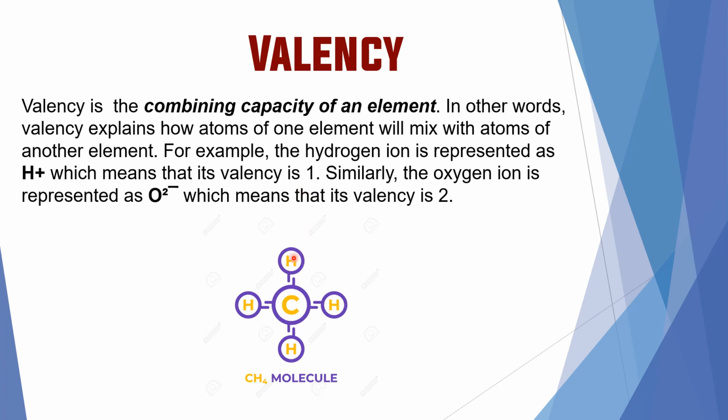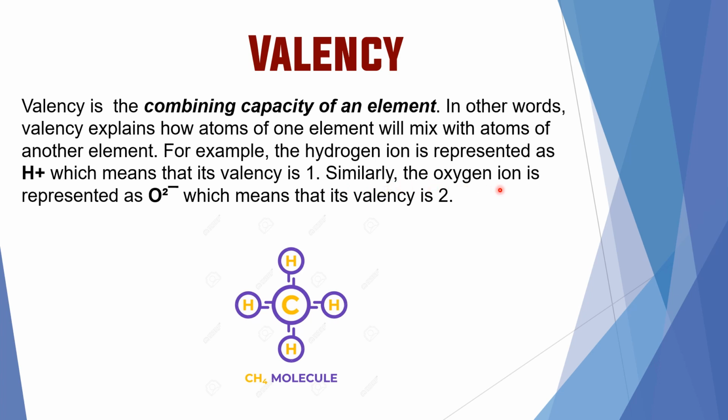Here you can also see this is a hydrogen atom, and this one hydrogen atom is combined with the carbon with 1. That is the 1 valency. We will study this more in the next chapter, and in the 10th standard also you will study more about this. Now just see this. The hydrogen ion is represented as H plus, which means that its valency is 1.